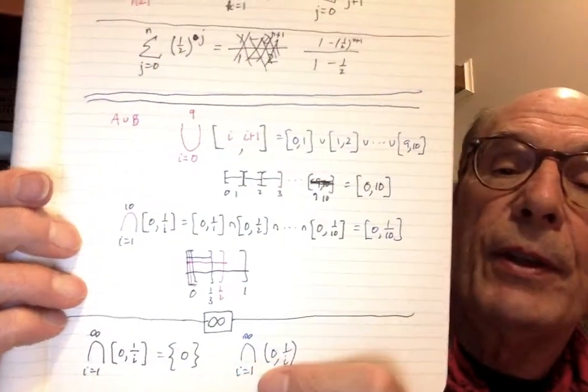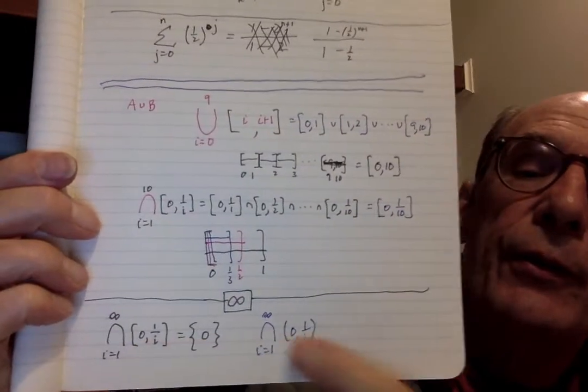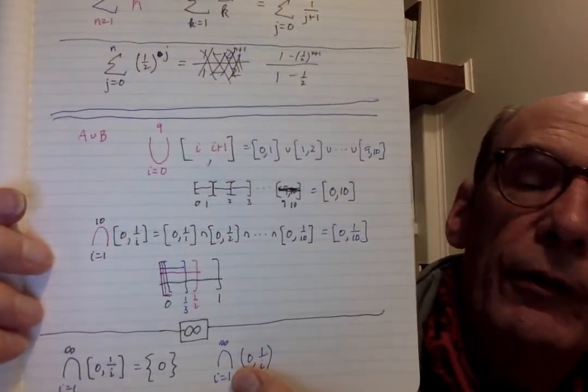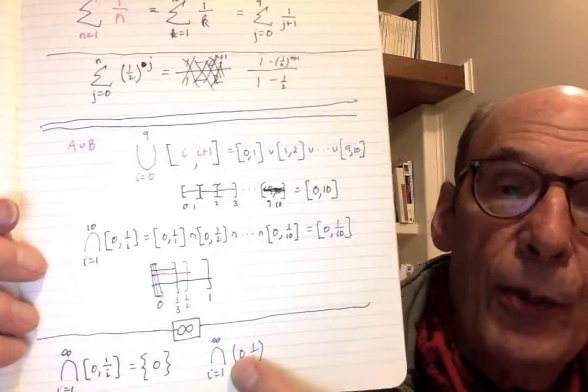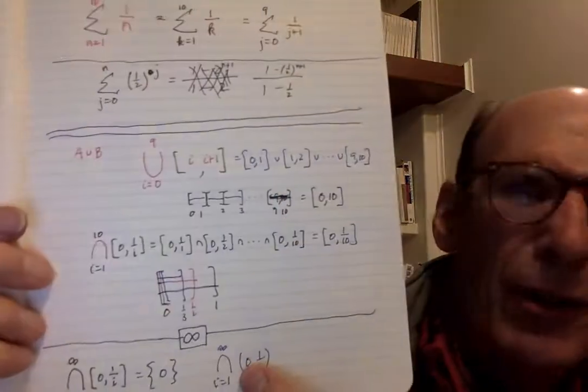So let me show you what the difference is here. Open intervals are done by round parentheses, closed intervals are by square. So this is the intersection of the closed intervals. This is the intersection of the open intervals. And now what you get is the open interval from 0 to a half intersect with the open interval from 0 to a third. Well, that's the open interval from 0 to a third. And then, oh, no, it's 0 to a quarter.